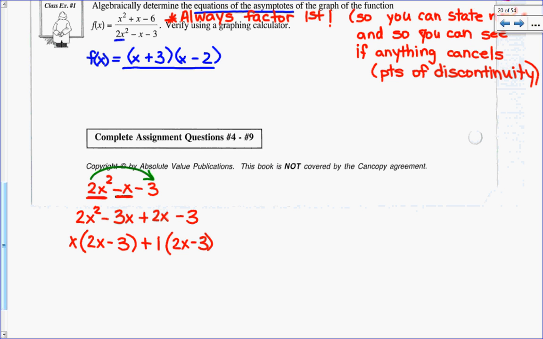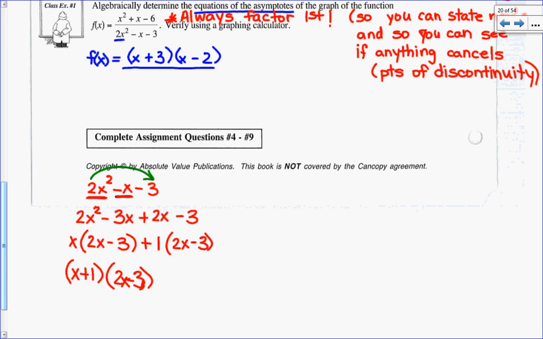So then I group it. I put the numbers that are outside of brackets together, so that gives me an x plus 1 term, and I put the 2x minus 3 as my other factor. Okay, so 2x squared minus x minus 3 factors to x plus 1 times 2x minus 3. So now I can go back up and put what that is here.